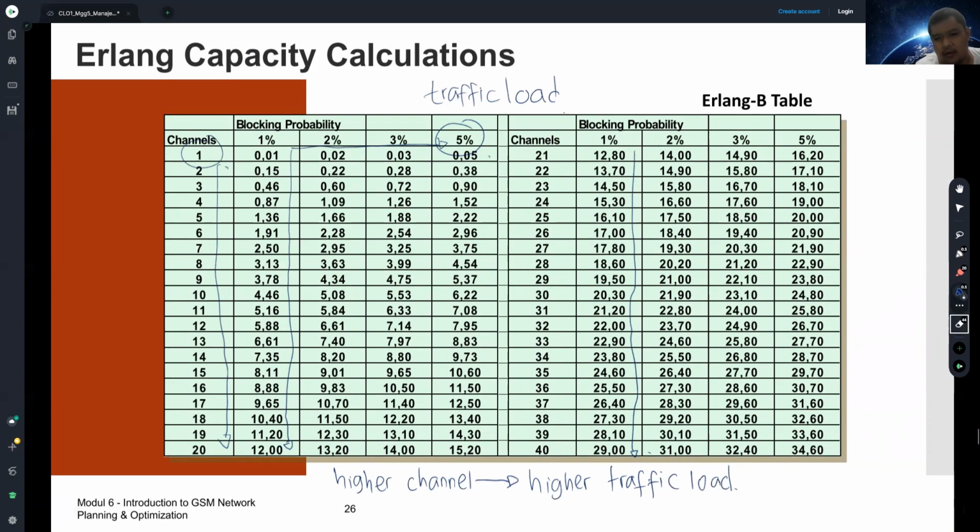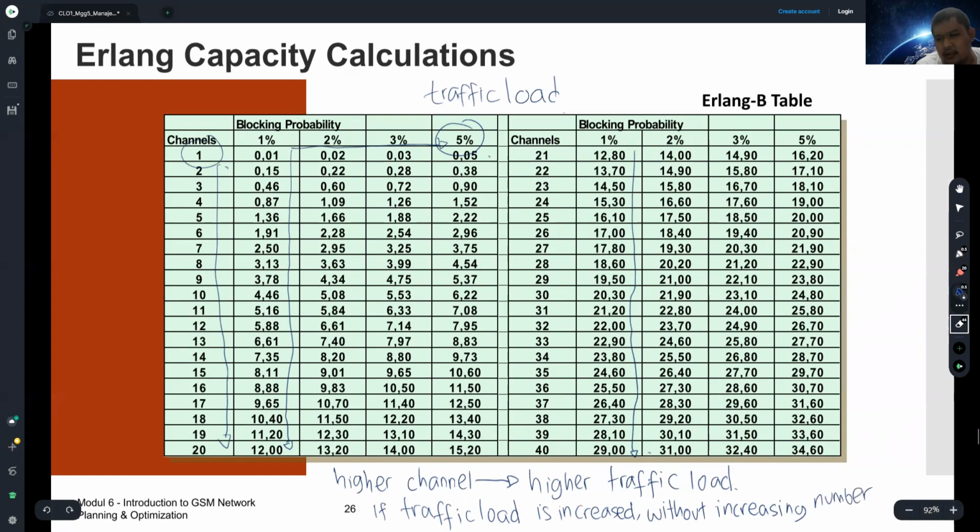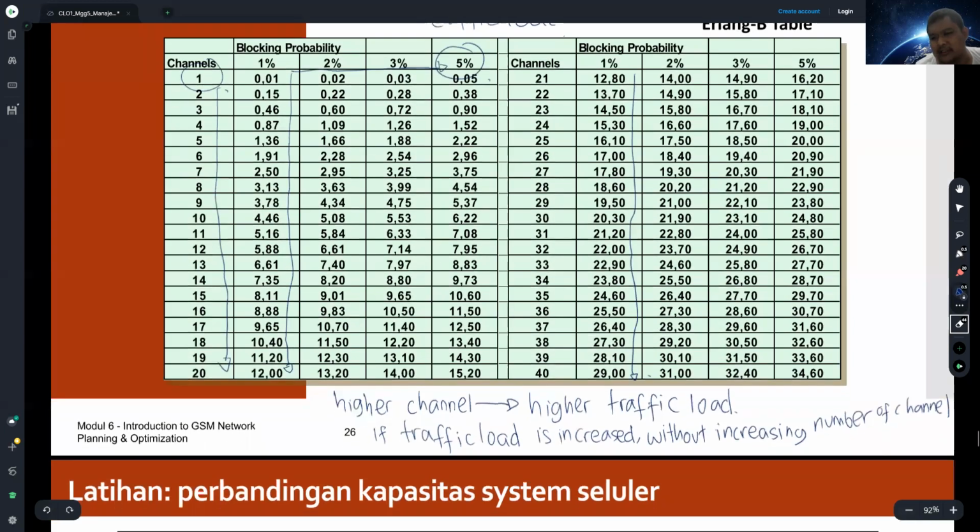However, if traffic load is increased without increasing the number of channels, then it will cause blocking.